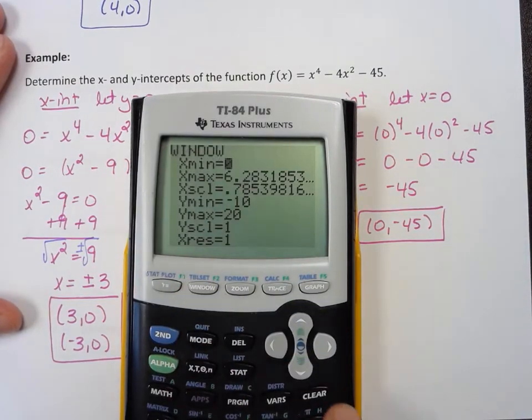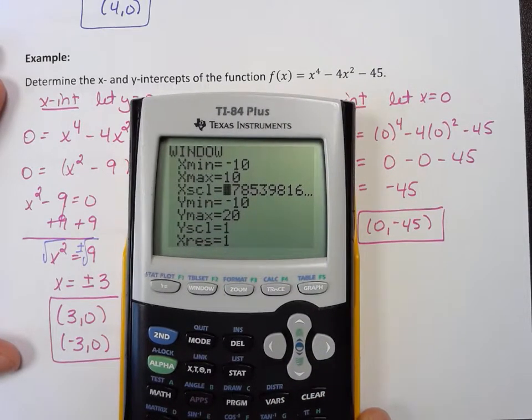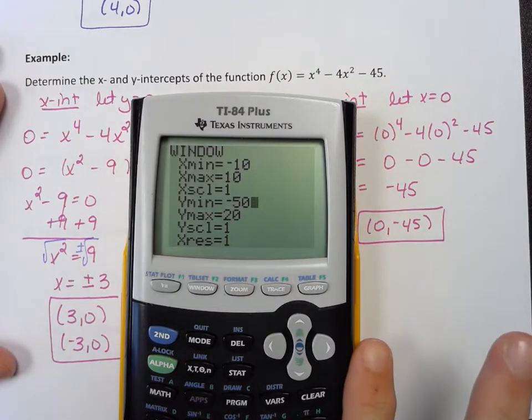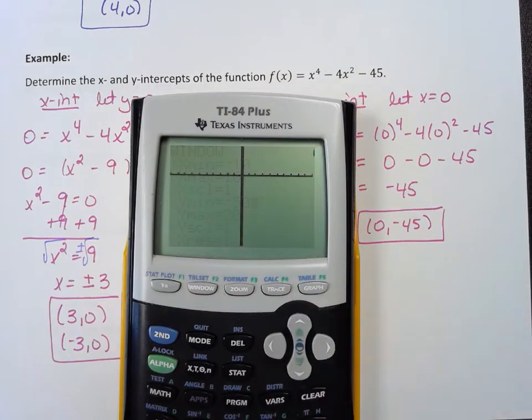So I'm going to change my window. Wow, it's changed to all kinds of crazy stuff. X-min, the standard is negative 10 and max is 10 with a scale of 1. But let's just see how we can do this. Let's change this to negative 50 and leave the max at 20. I have no idea if this is going to work. I'm just going to try it.